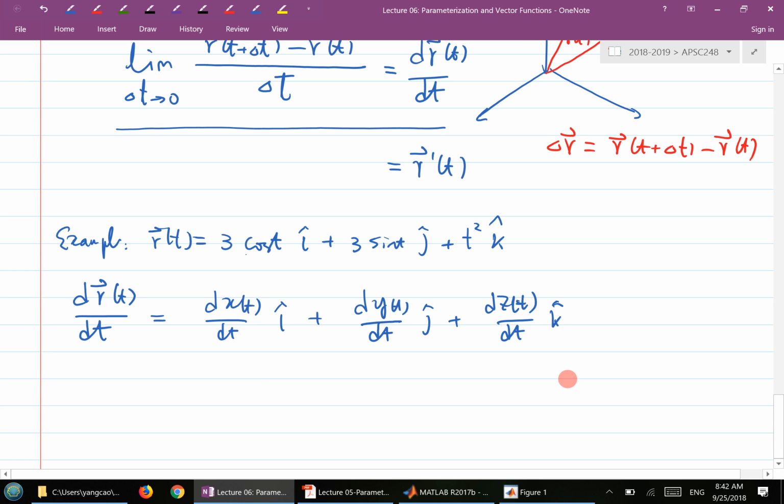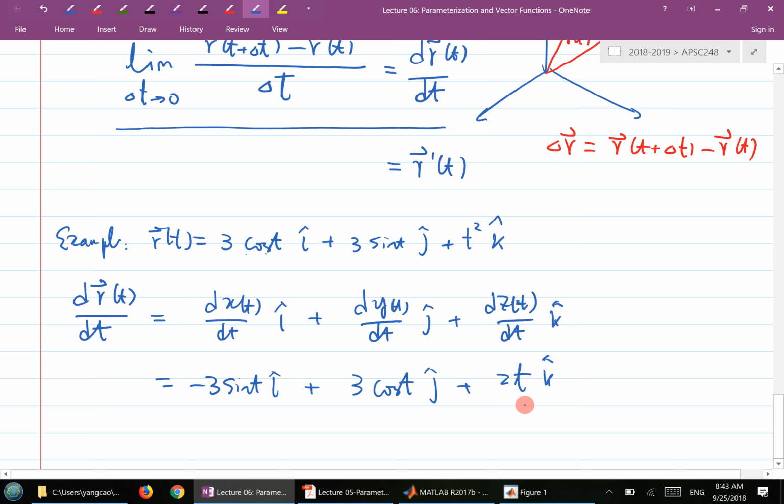That's basically what you learn in your first year. In this case it's very simple. The derivative of 3 cosine t is negative 3 sine t. For 3 sine t, it's 3 cosine t. For t squared, it's 2t. That's the result. So even though we're talking about the derivative of a vector function, ultimately what we're doing is derivatives of scalar functions, each one of these. Very straightforward.